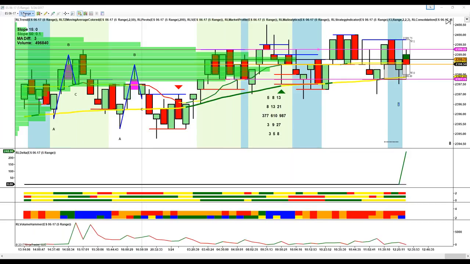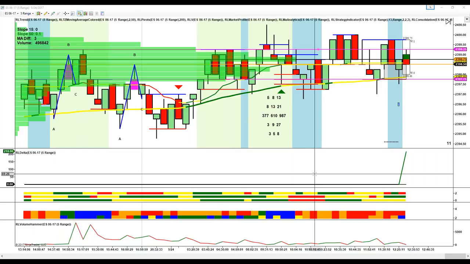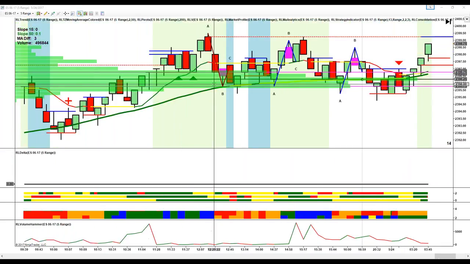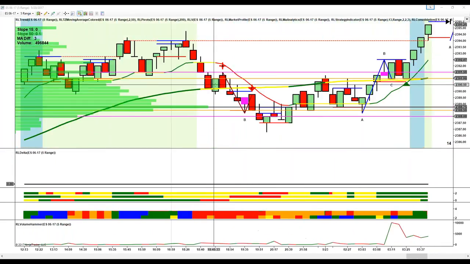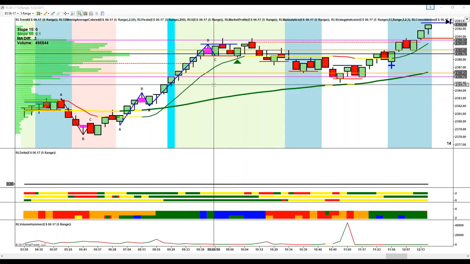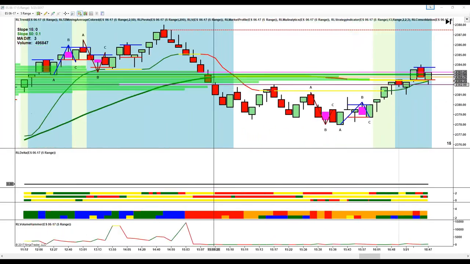We found the two higher fib numbers are really the best. If you're trading a 3-minute, use a 9-minute and a 27-minute. If you're trading a 5-minute, use a 15-minute and a 45-minute. It's really the factor of 3 or the higher fibs. You can see the results in the green background bias, how well the market trends.